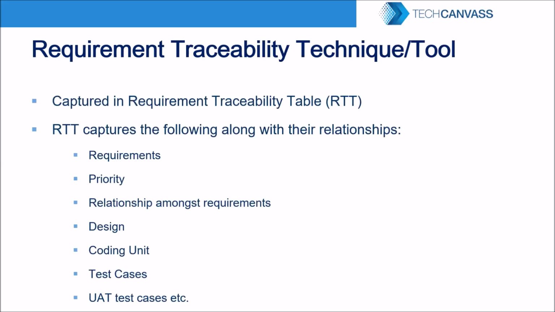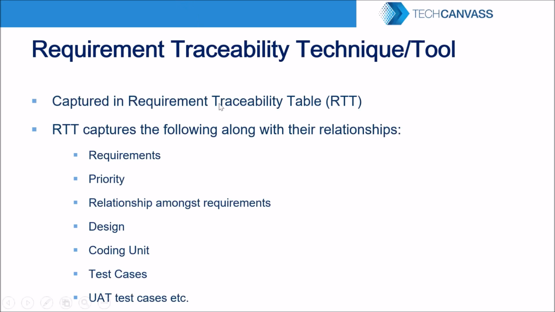Now, where do we maintain the traceability and how do we manage requirement traceability? There is something called a requirement traceability tool or requirement traceability table, which can be used to manage forward and backward traceability. RTT is one of the most common documents in software projects, but most of the time it is ignored.